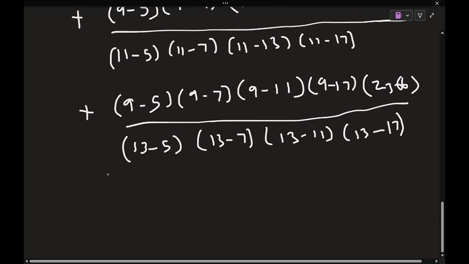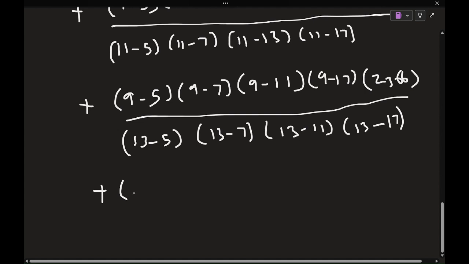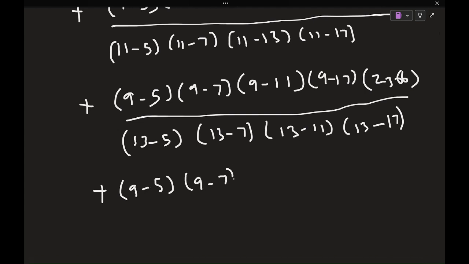Now for my last set of terms, I'm neglecting x4, 9 minus 5, 9 minus 7, 9 minus 11, 9 minus 13.